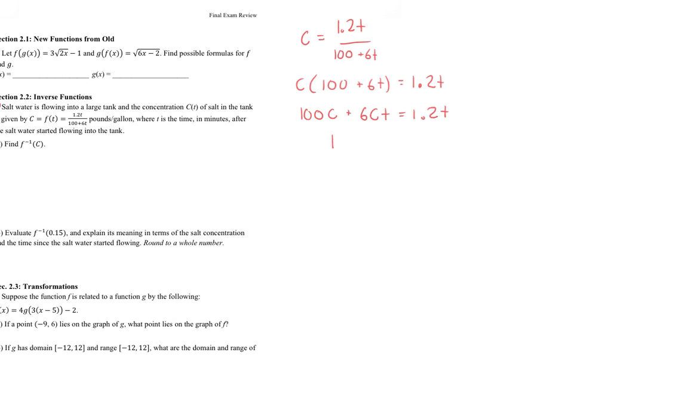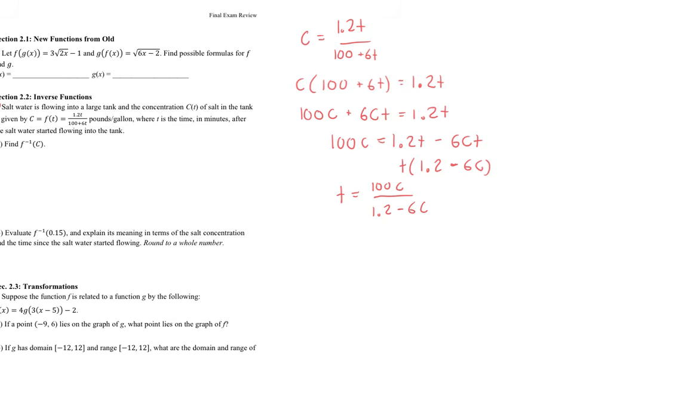Now we're going to subtract our term with the t in it to the other side. Now we're going to factor out our t on that side to finally get our answer of t is equal to 100 c divided by 1.2 minus 6c.